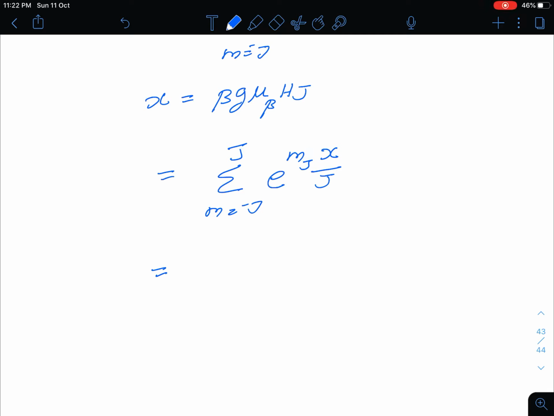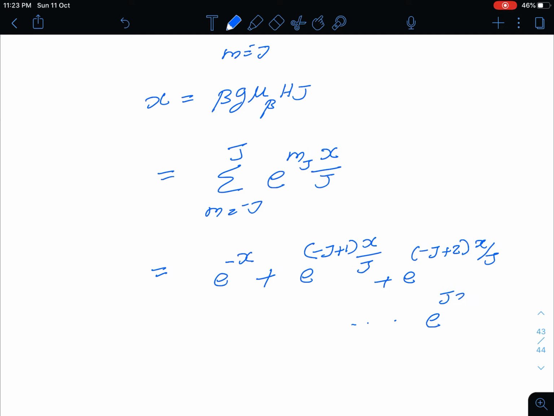So first of all m_J is equal to minus j കൊടുക്കുമ്പോൾ എന്ത് കിട്ടും? e raised to minus x, simple. Plus അടുത്ത ടൈം എന്താണ്? e raised to minus j plus one, m_J is equal to minus j plus one, x by j. Plus അടുത്തെന്താണ്? Minus j plus two, x by j. അങ്ങനെ പോയി സീറോയും കഴിഞ്ഞ് അവസാനത്തെ വാല്യൂ എന്തായിരിക്കും? e raised to j x by j. So j and j get cancelled, e raised to x.